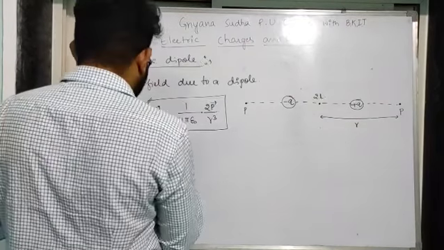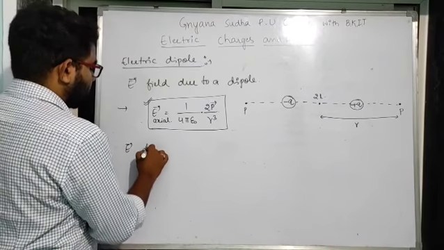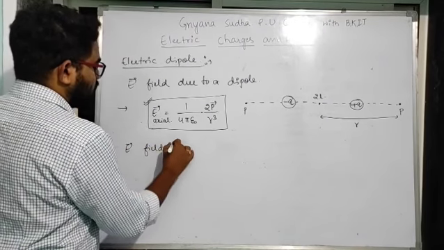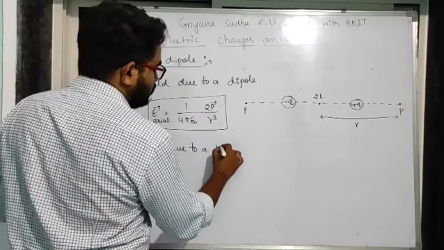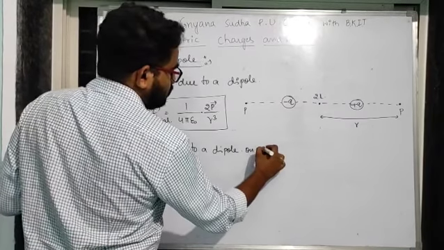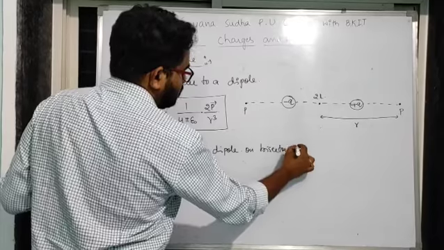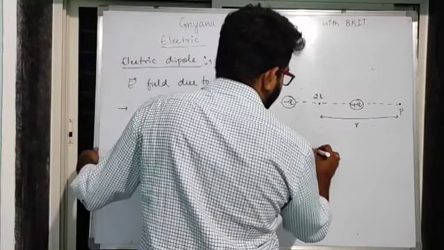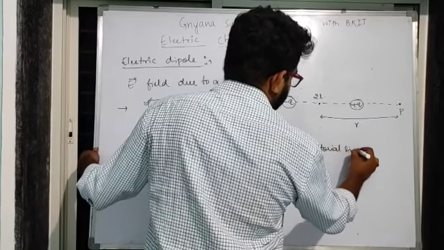Okay, next, electric field due to a dipole on the bisector or equatorial line.